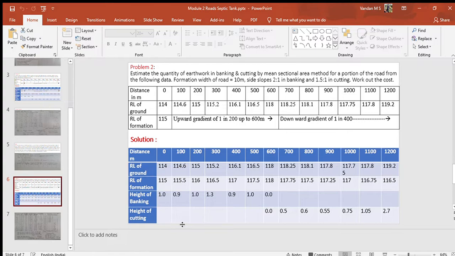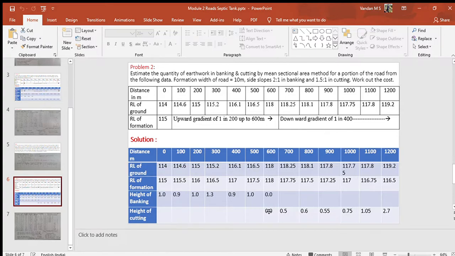If the formation level is above the existing ground level, then the work is in banking the soil, or else if the formation level is below the existing ground level, then the work is in cutting the soil. So calculate the values in row 4 and row 5 appropriately based on whether it is banking or cutting.